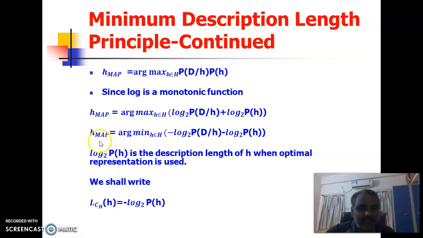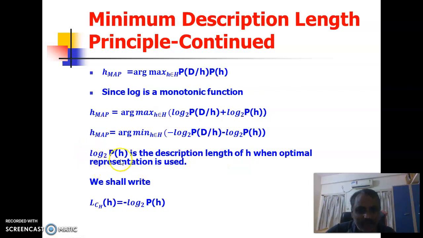In that way, we are interested in relating this concept with communication theory. So H_MAP is equal to argmin. Now this is argmax, and I am changing this into negative. So I can write argmin over H an element of capital H, minus log P(D|H) to the base 2 minus log P(H) to the base 2.